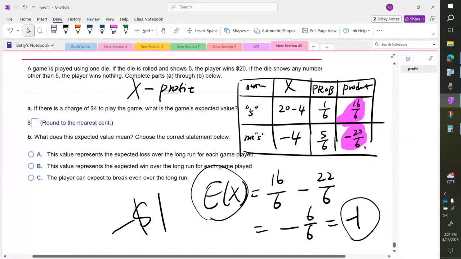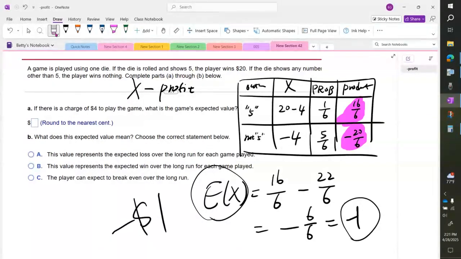16/6. This is -20/6. Oh my God. I'm sorry. This is not 22. Why did I do 22? It's -20/6. So it's not $1, it's less than that.